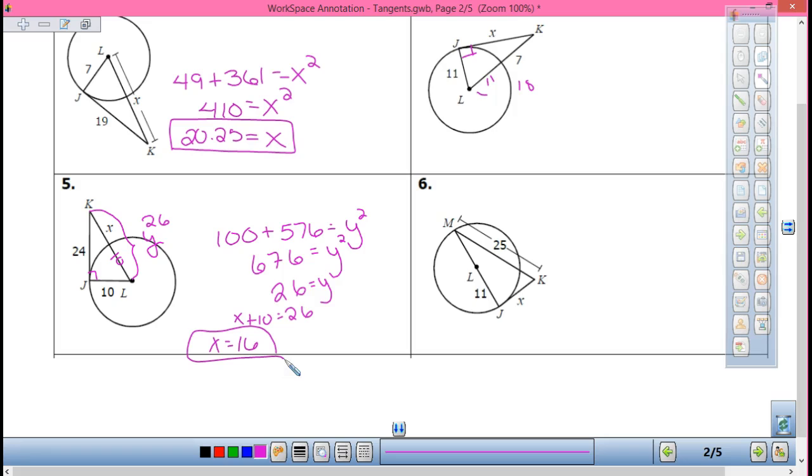Alright. Okay, so on 6, if this is 11, what's this? 11. So that makes this whole thing right here, what? 22? Okay, so that's what we need to use to see if I have a point of tangency. So where's my right angle?